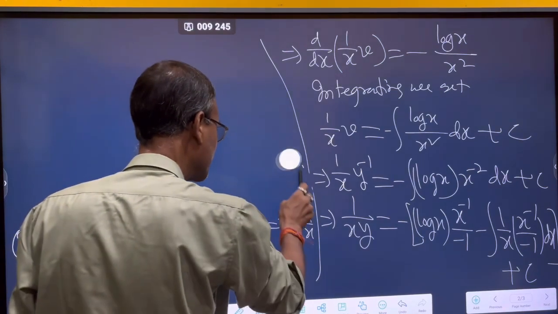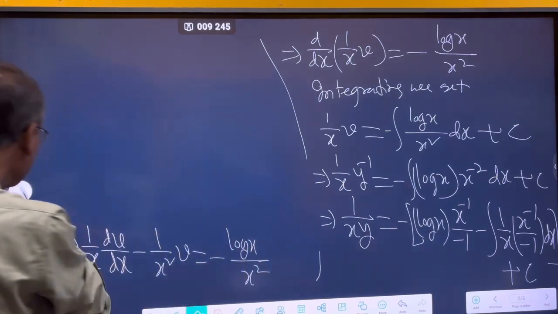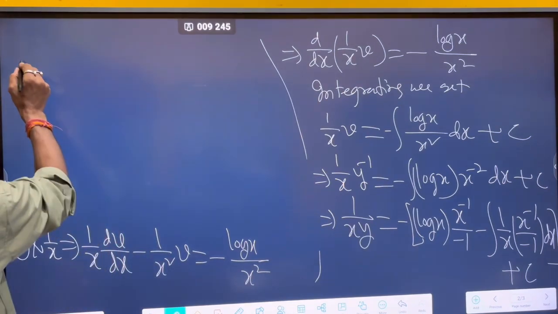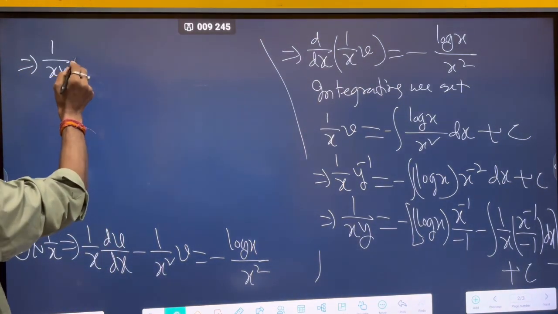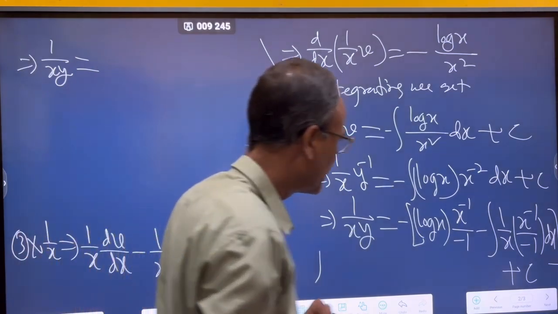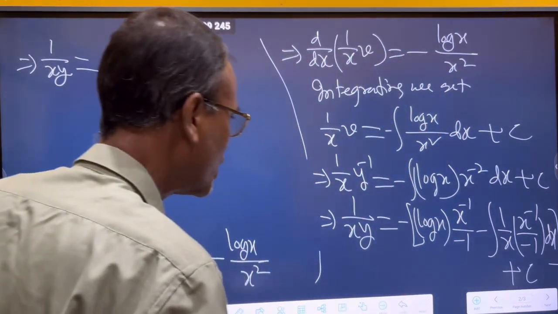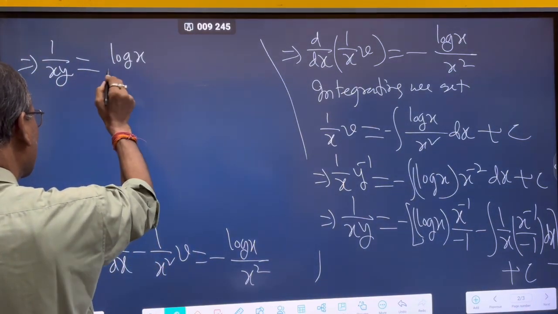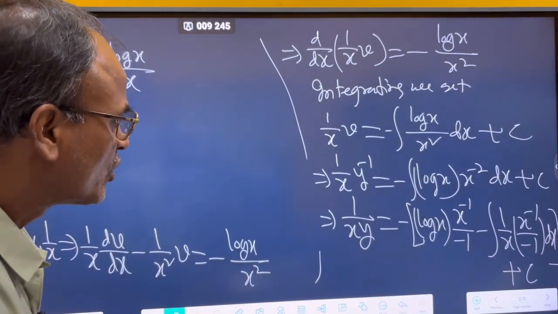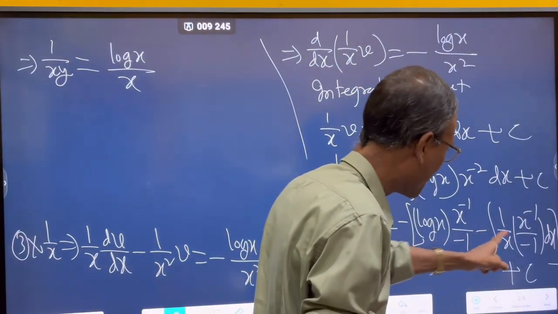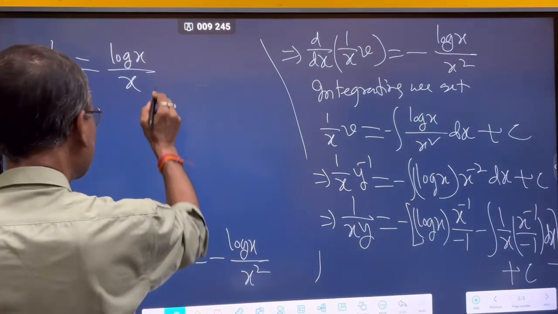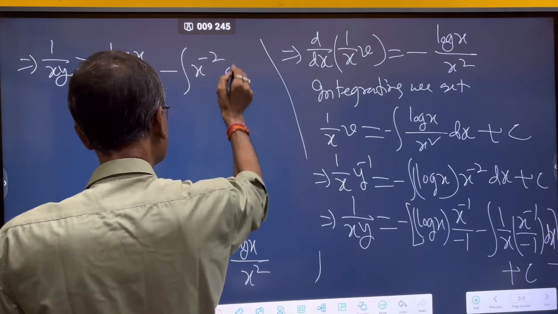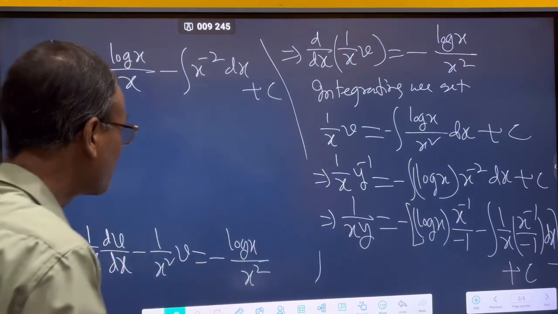Integrating factor is 1 by x. If you multiply by 1 by x, then you will get the left hand side as a perfect differential. Now you see, 1 by xy equal to minus minus plus log x divided by x, minus minus plus again 1 minus minus integral x to the power minus 2 dx plus c.